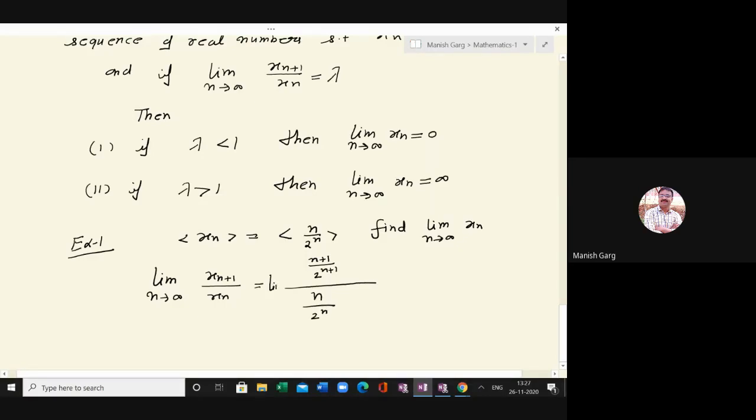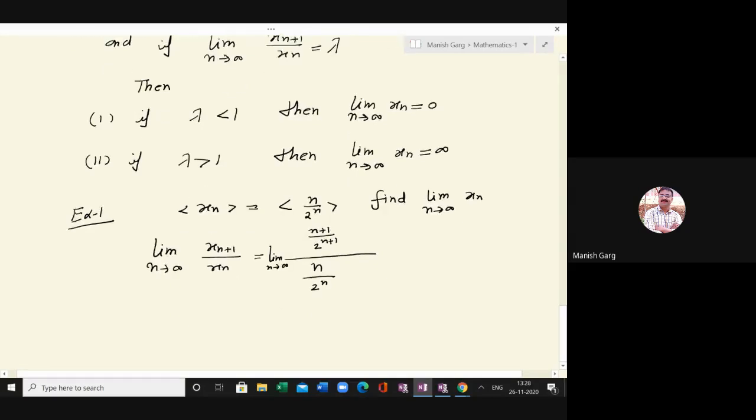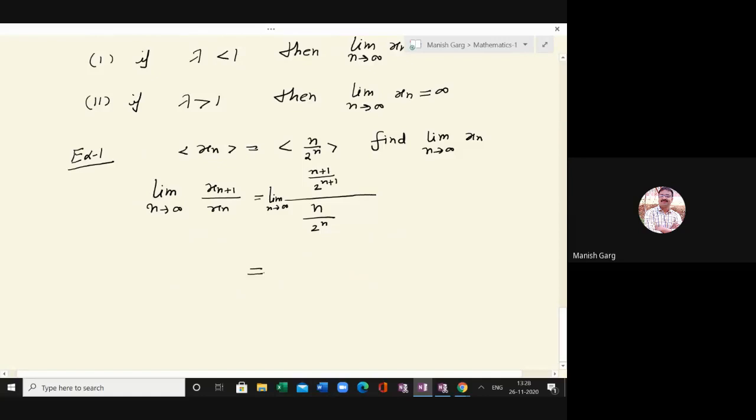Here will be the limit as n tends to infinity. If you solve it, I think this will be n plus 1 over twice n, or the limit as n tends to infinity of 1 by 2, and n will be cancelled out.